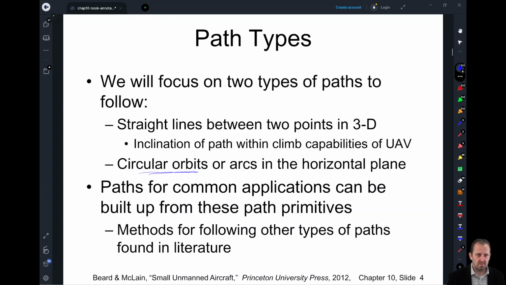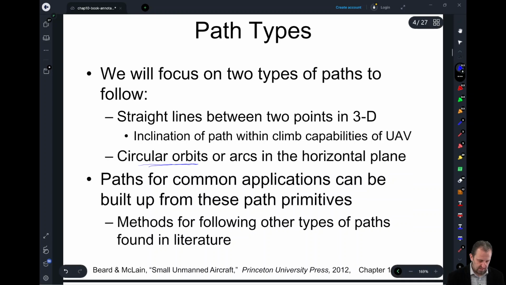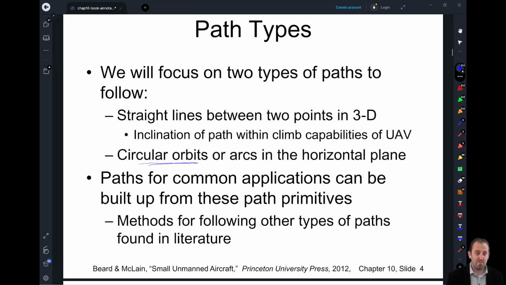For these circular orbits, we'll assume that we're flying in a horizontal plane, and we'll try to follow that horizontal path. And as we saw in the video, we'll then stitch these things together to allow us to follow much more complex paths. So these two control laws will be our path following primitives that we'll then build on in future chapters. So there you have it. We're going to be developing these control laws in the next couple of lectures.